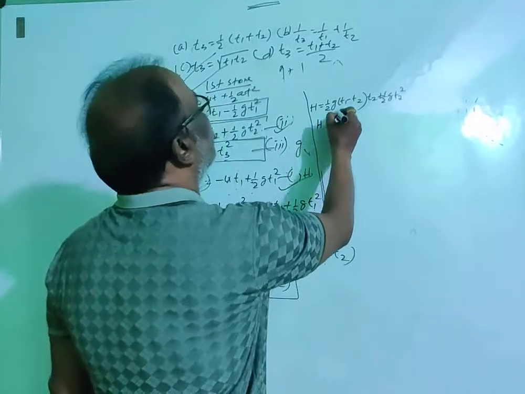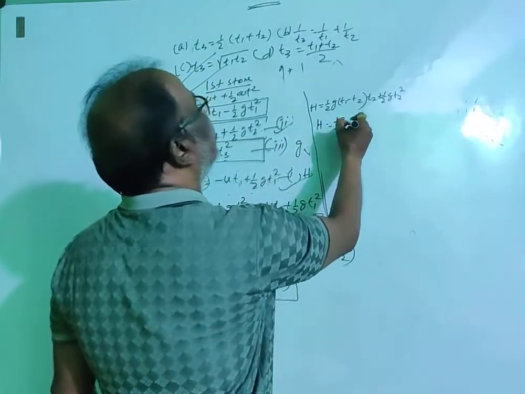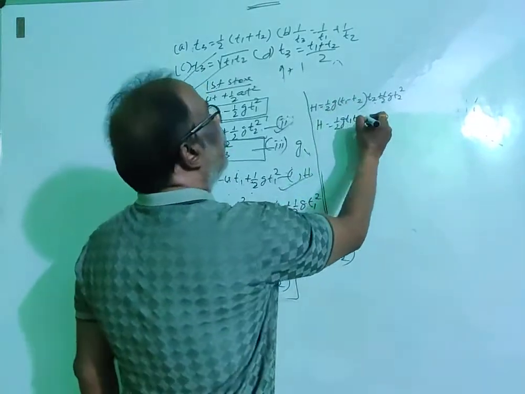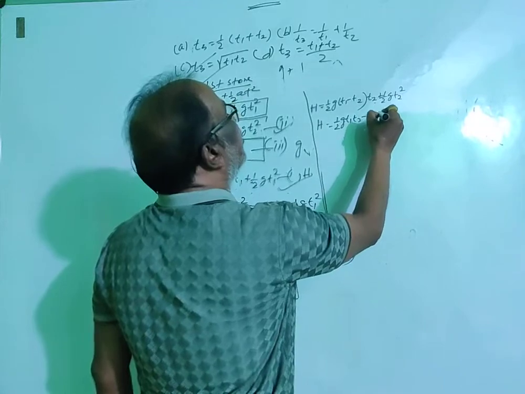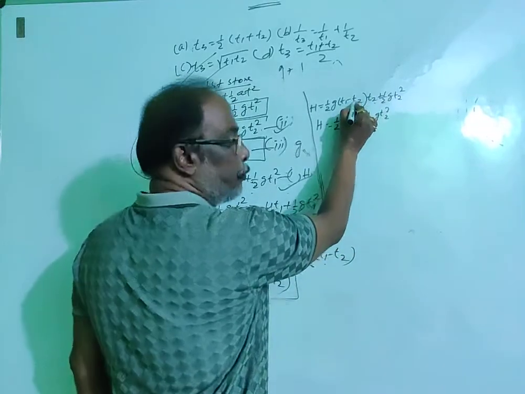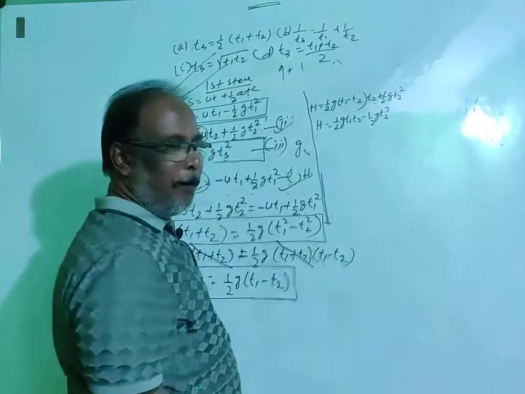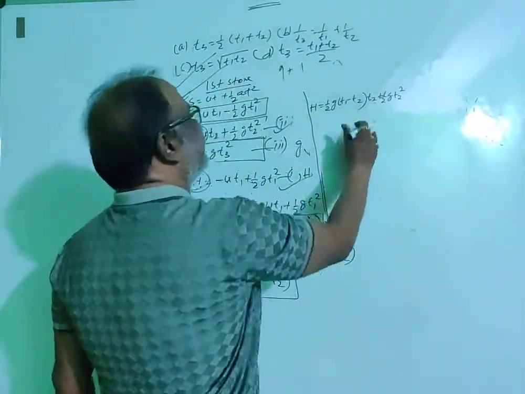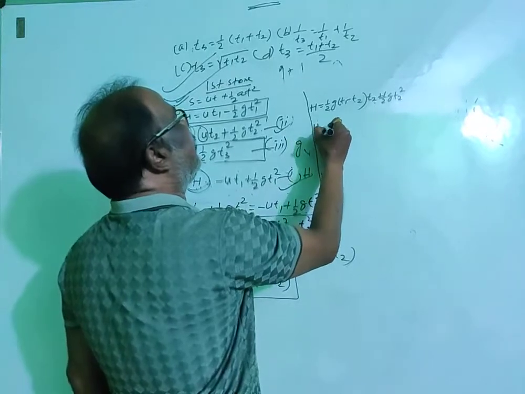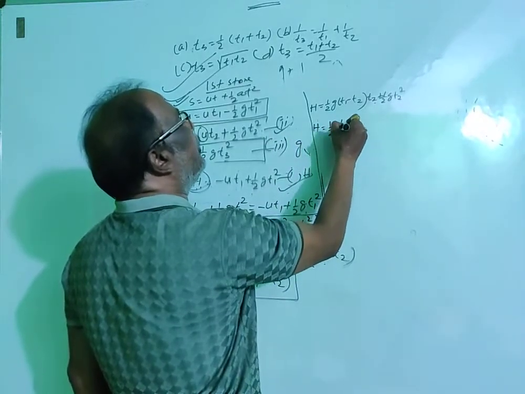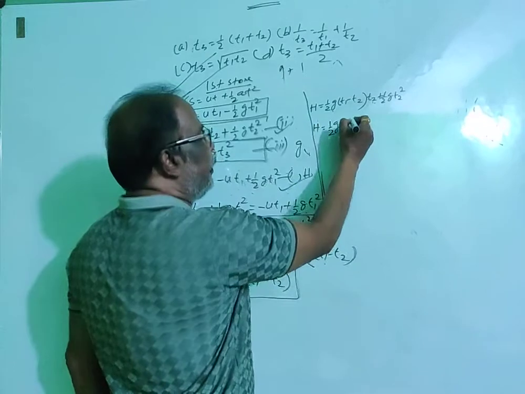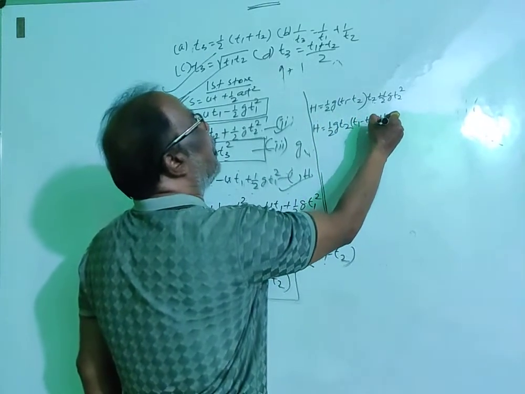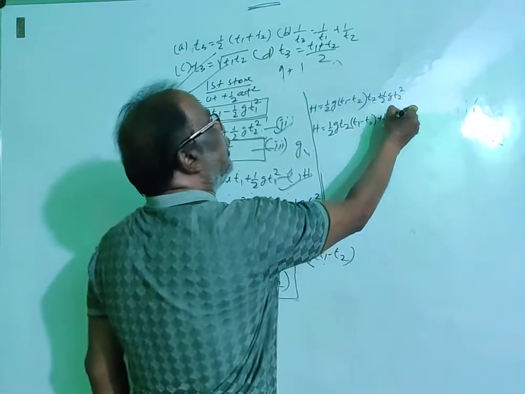h is equal to half g t1 t2 minus half g into t2 square. Or more simplification is required. Okay. h is equal to half g t2 into t1 minus t2 plus half g t2 square.